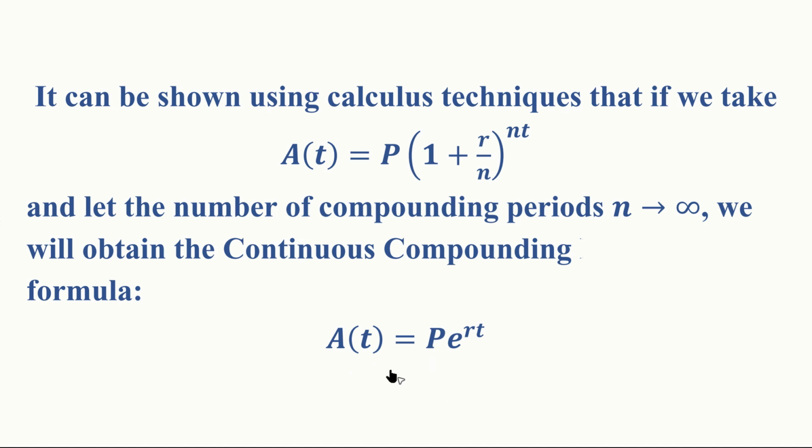Now we have two kinds of formulas that we can use. If there's a fixed number of compounding periods, a finite number, then we use this formula. But if interest is being compounded continuously, then we use this formula. Let's go ahead and take a look at this a little deeper.